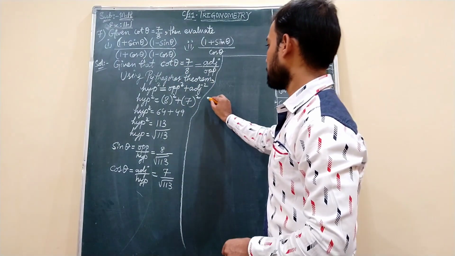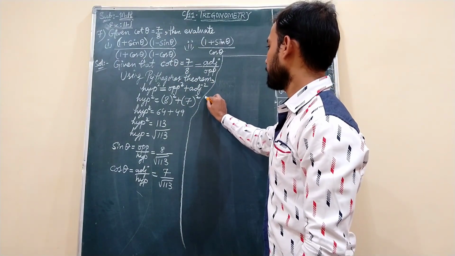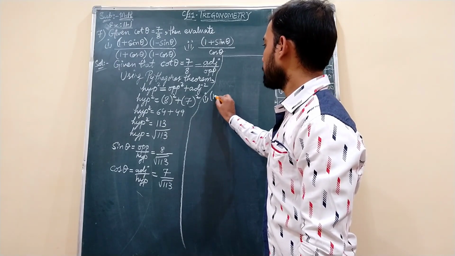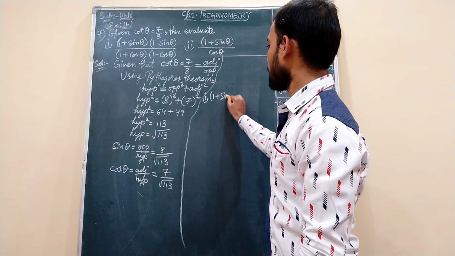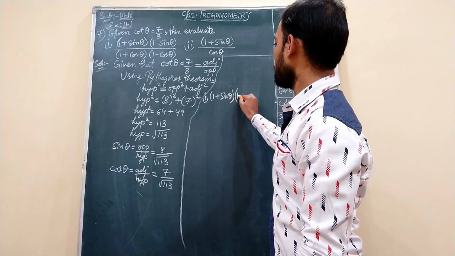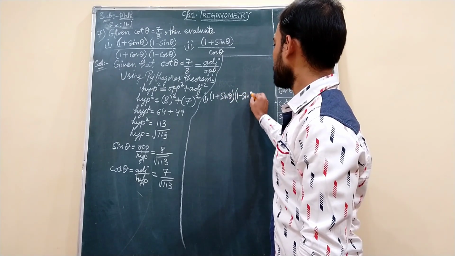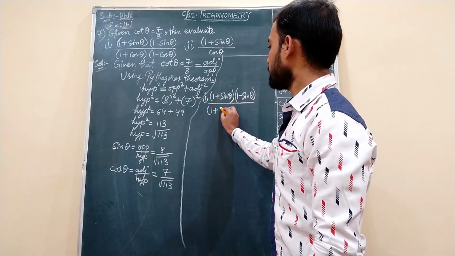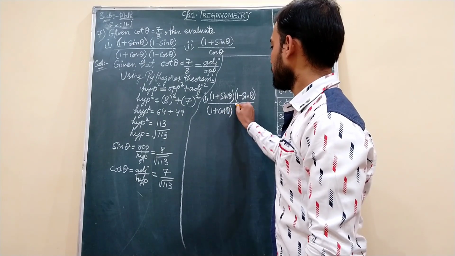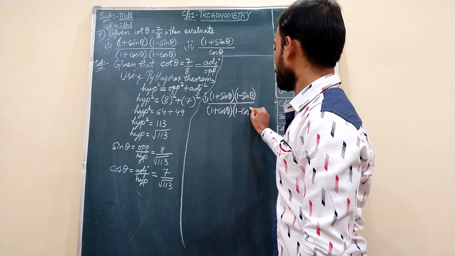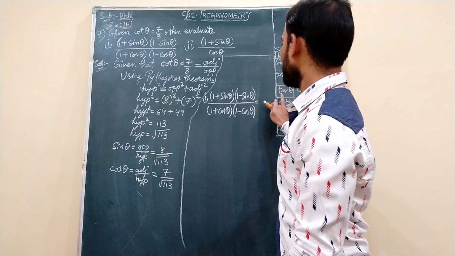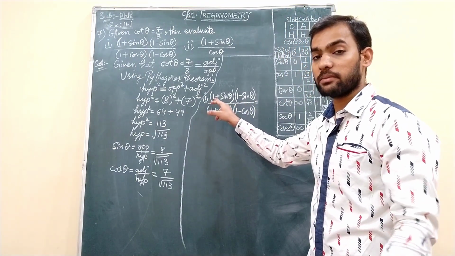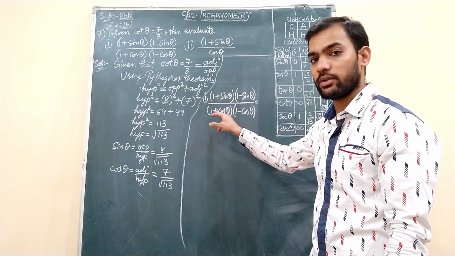Our first expression says (1 plus sine theta)(1 minus sine theta) divided by (1 plus cos theta)(1 minus cos theta). Students, this is similar to an identity you have learned from 8th and 9th grade.